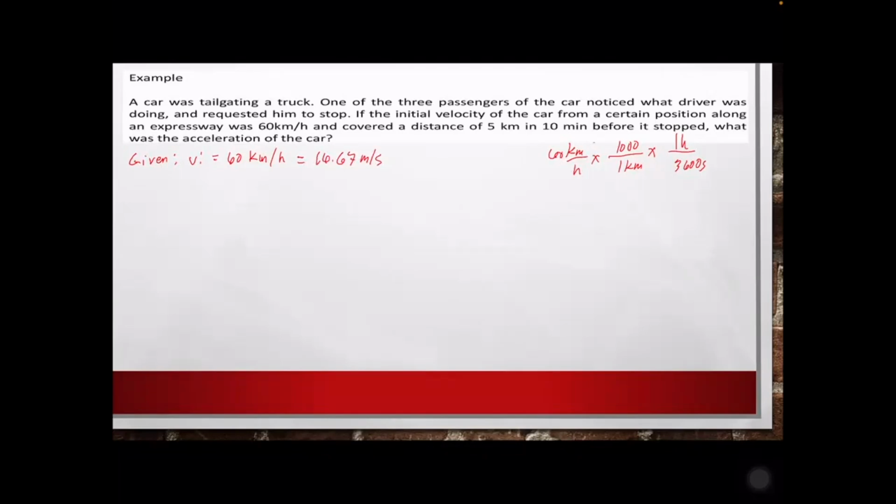Another given, Manzanero. Distance po. What is the distance? 5 kilometers po. We're going to convert this. Yes or no?